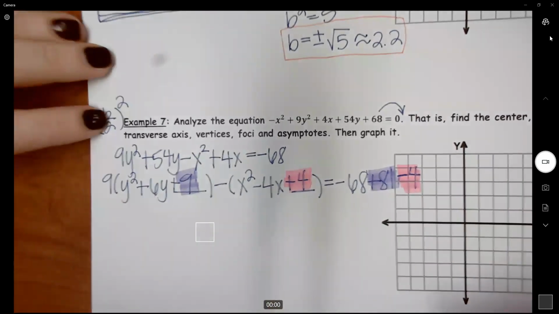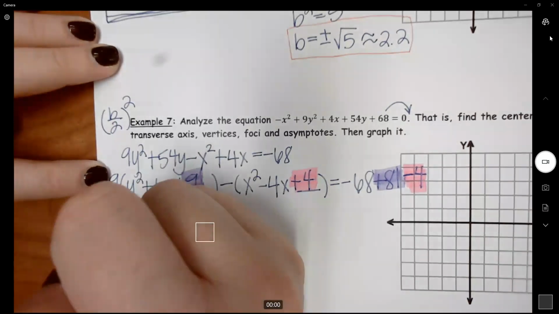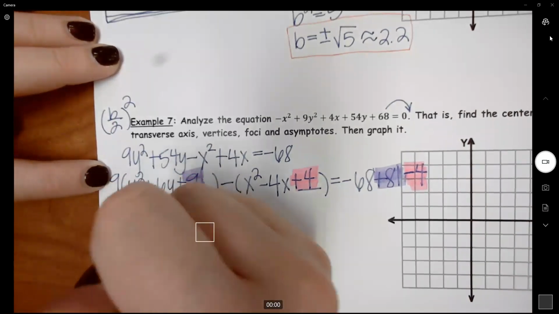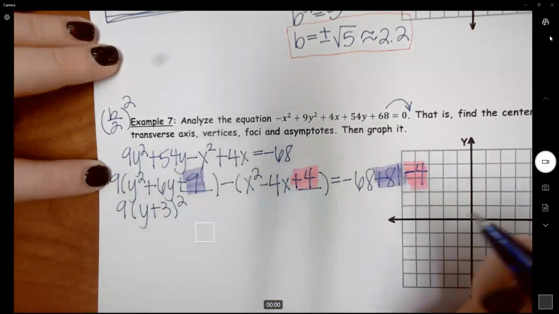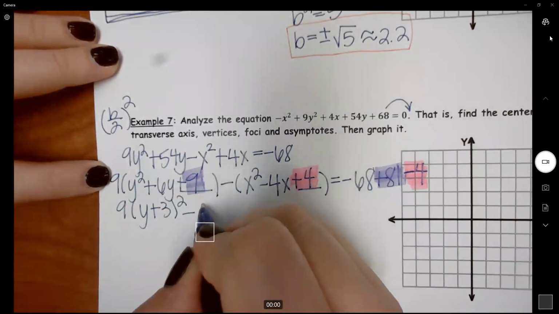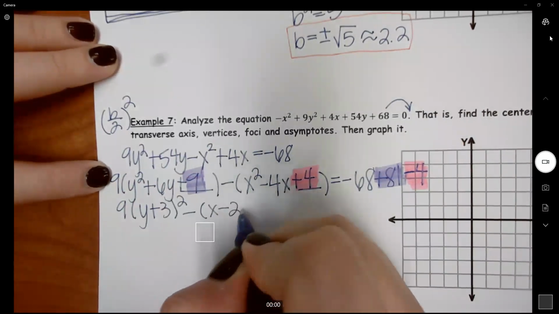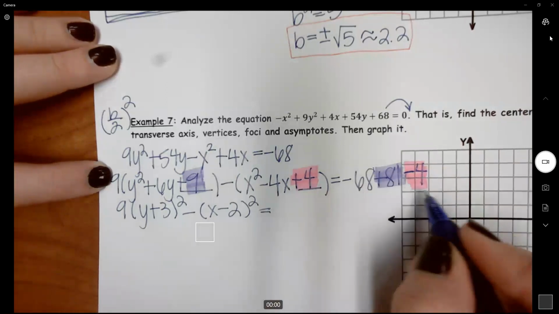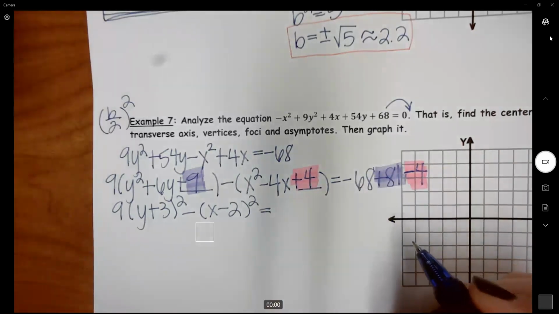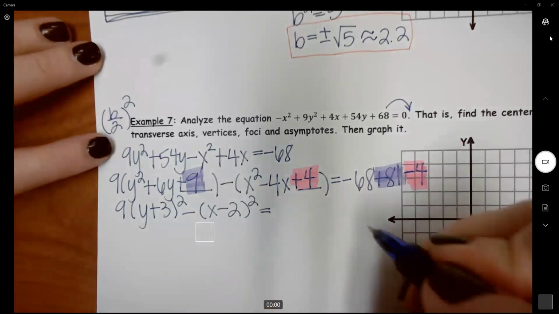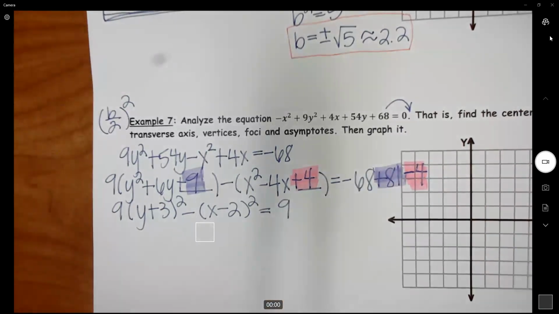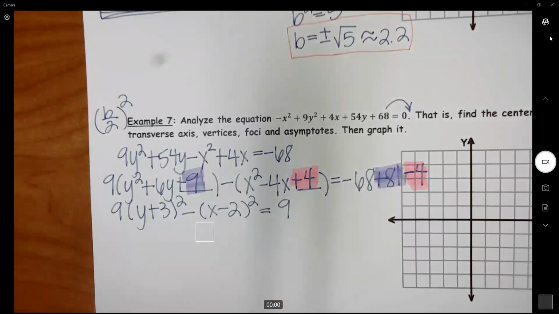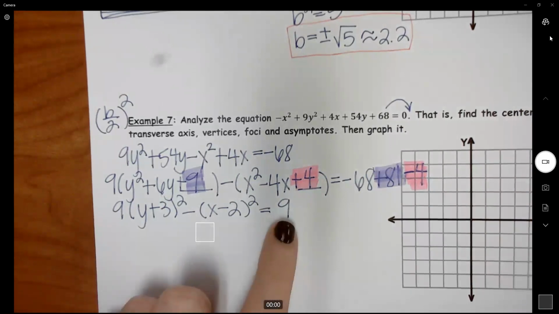So now we complete the square, or factor this, right? So this is 9 times (y plus 3) squared minus (x minus 2) squared. And then this equals, when you simplify this, we're going to get 9. This always needs to equal 1.